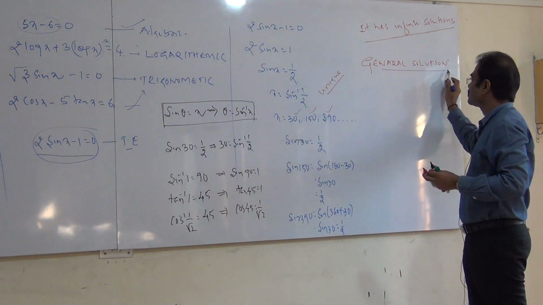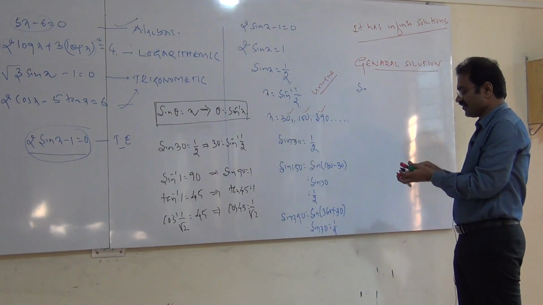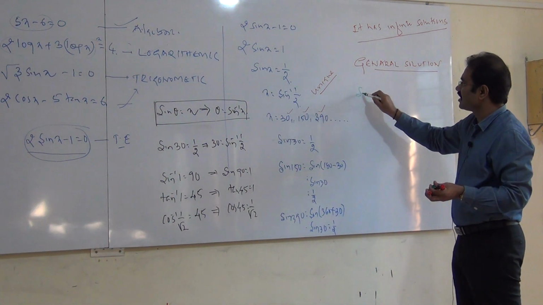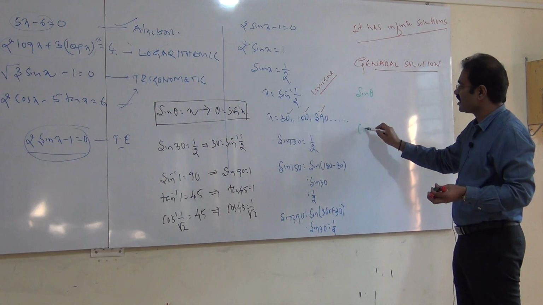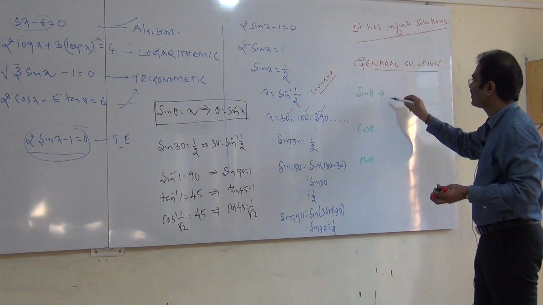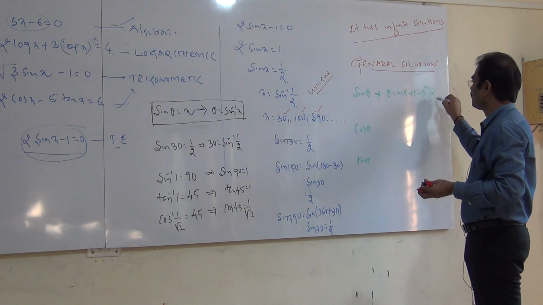Then the general solutions of sine theta we know, and cos theta we know, and tan theta we know. Sine theta: theta is equal to n pi plus or minus 1 raised to n alpha.